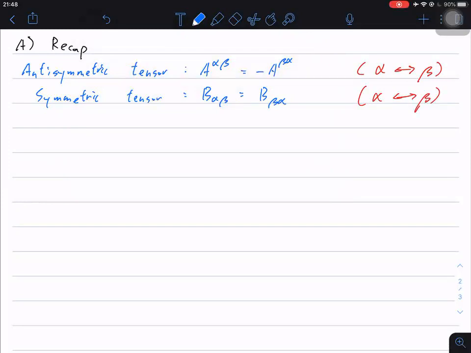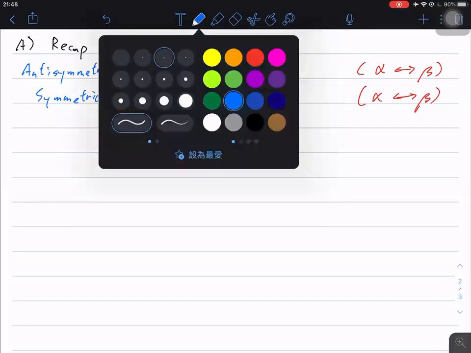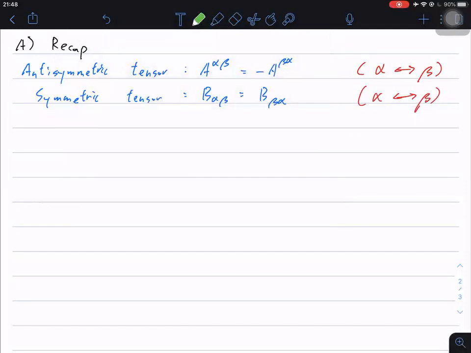It is still the same as the tensor before you swapped the indices. So that's the property of symmetric and antisymmetric tensors. With this knowledge, you have the ability to finish questions A, B, C. So let's start. Question A.